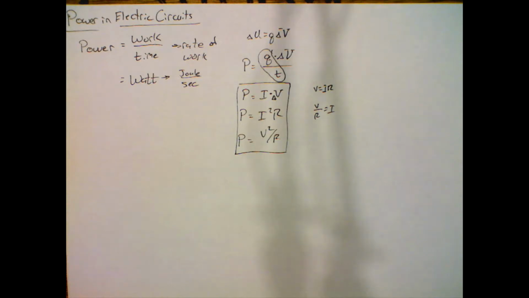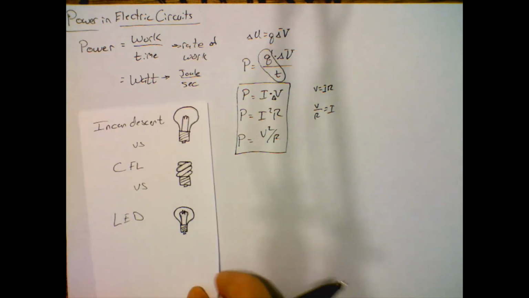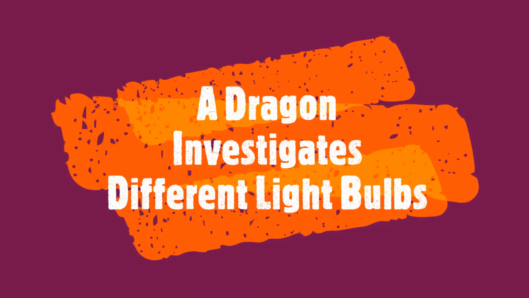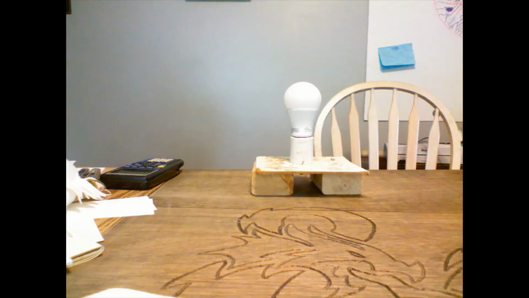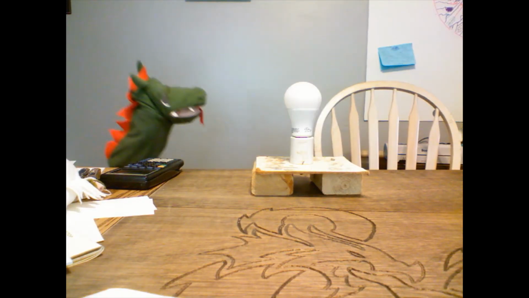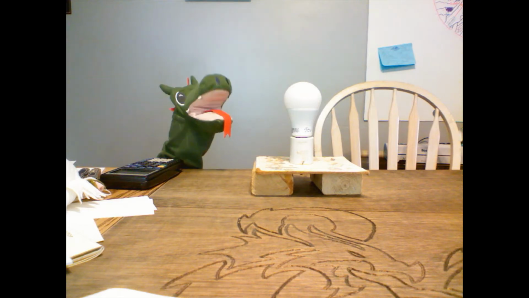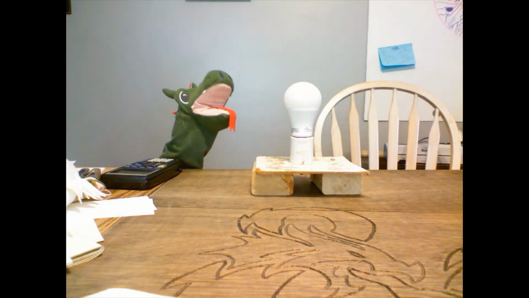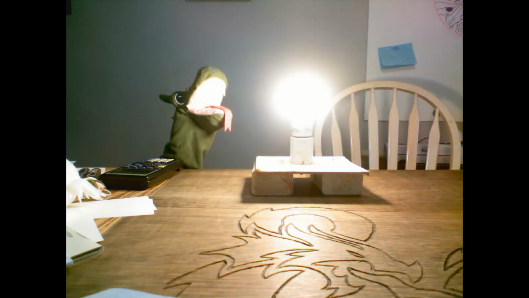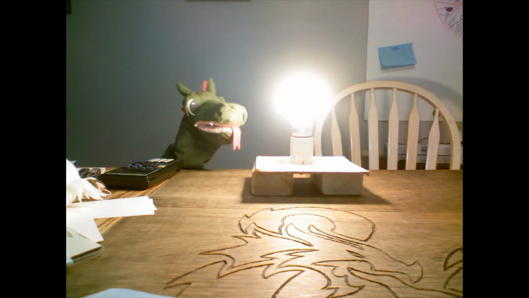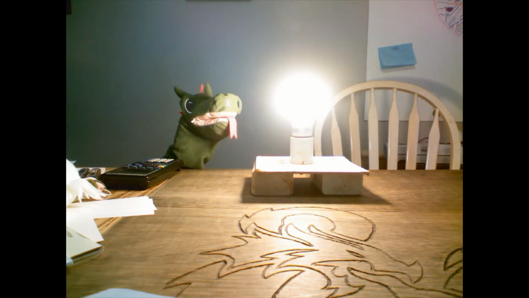Now, I want to talk about the difference between different kinds of light bulbs. You probably have at least one of these in your home and several others. Oh, look, an LED light bulb. Ooh, that's bright. It says 11 watts.